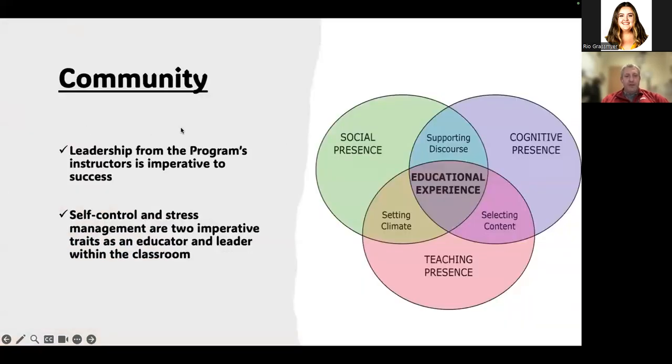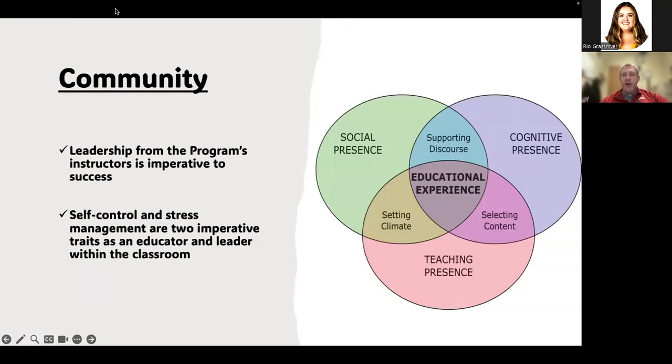So we see here the educational experience, and this is all from the community as well. Leadership from the program's instructors is imperative to success in the program, and self-control and stress management are two imperative traits as an educator and leader within our classroom.